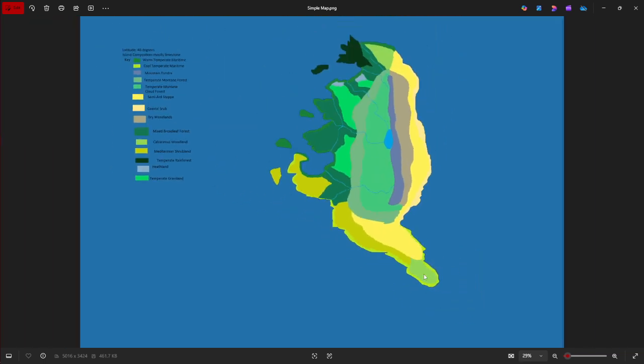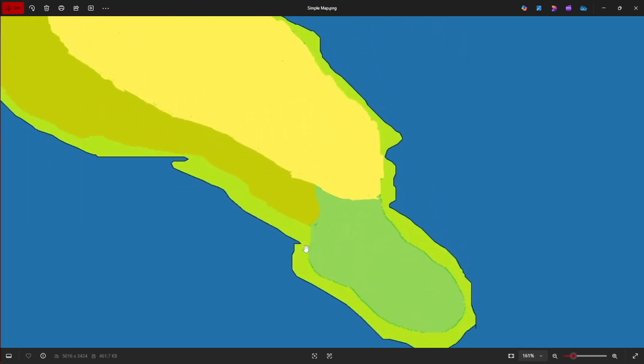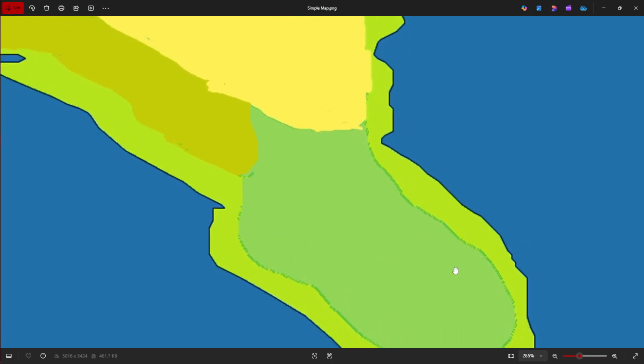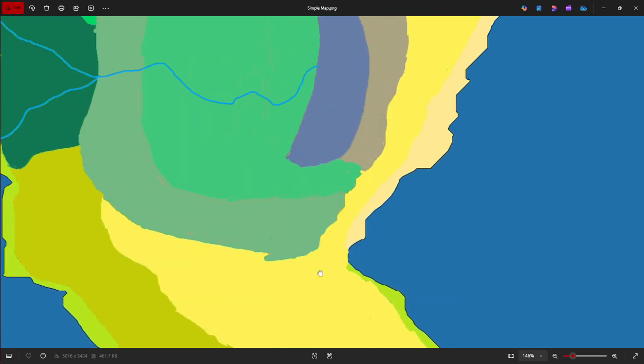Now over here we have a calcareous woodland, which does get enough rain to support trees, but the soil is so limey and shallow that it can only support not the prettiest woodland. Then over here, it's a semi-arid steppe with barely any rain and only a few hardy grasses clinging on.